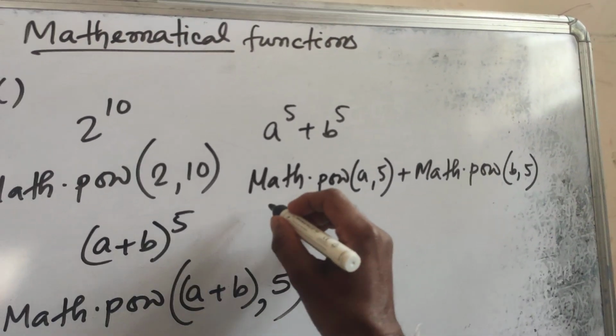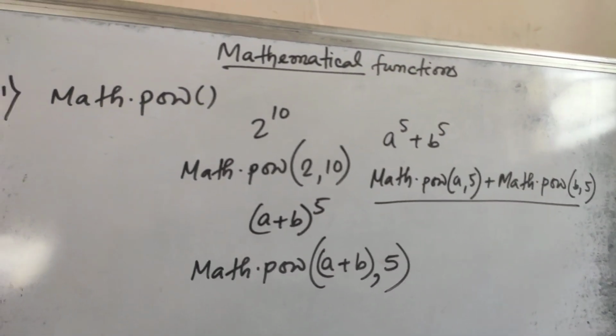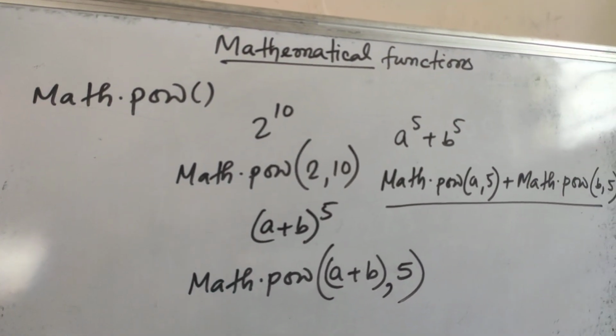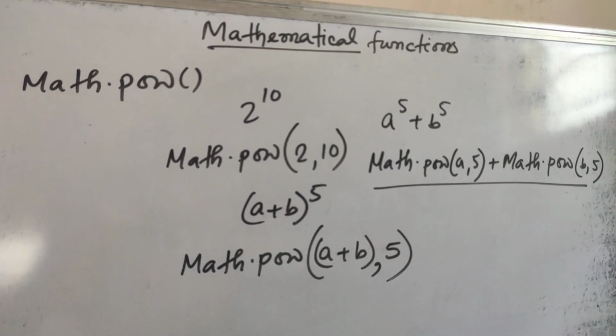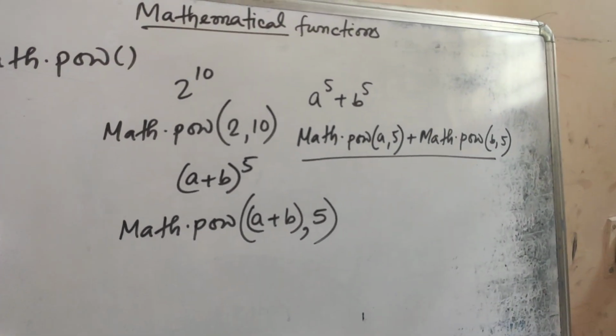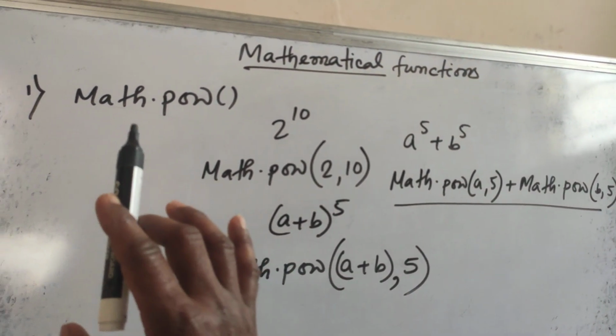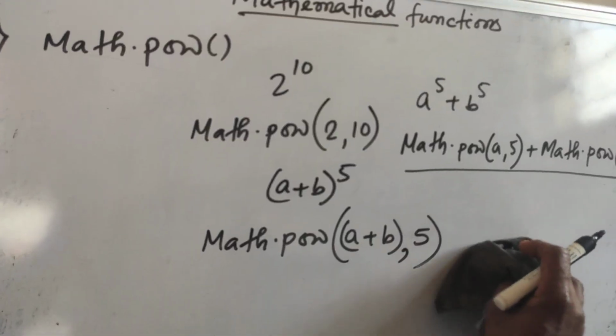So this way you need to write. So what should be the output data type for math.pow? You can take double or int, both, integer and real. Clear? So math.pow is completed.